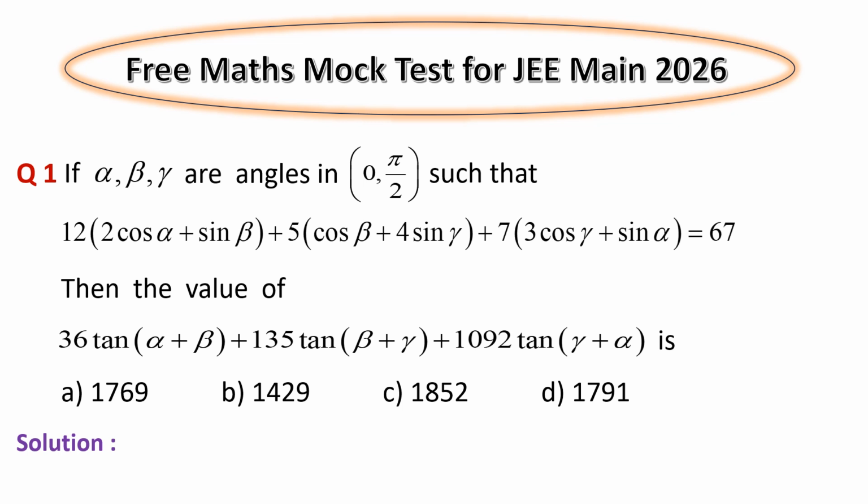It says if alpha, beta, gamma are angles in the open interval 0, pi by 2 such that 12 into (2 cos alpha plus sine beta) plus 5 into (cos beta plus 4 sine gamma) plus 7 into (3 cos gamma plus sine alpha) equals 67, then the value of 36 tan of (alpha plus beta) plus 135 tan of (beta plus gamma) plus 1092 tan of (gamma plus alpha) is.